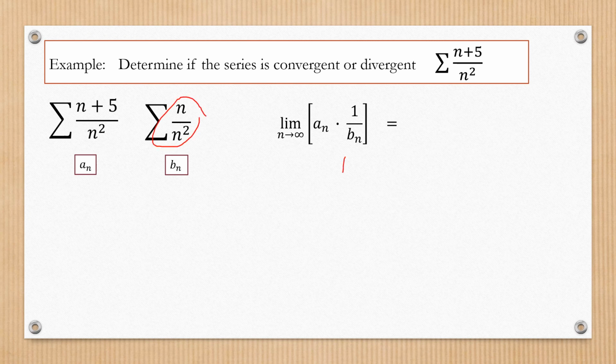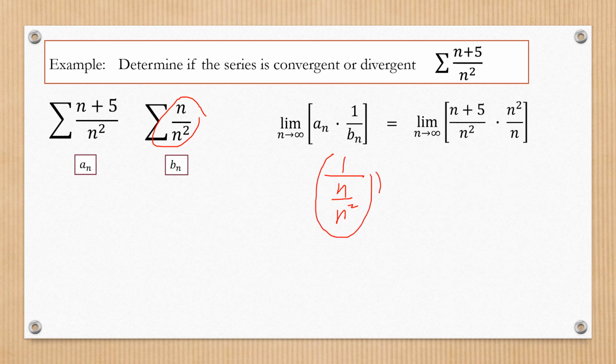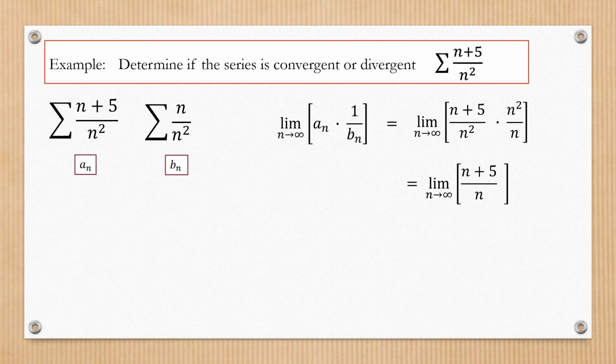For 1 over Bn, that will be equal to 1 over n squared. To simplify it, that will be equal to this one, because we already cancel n squared, and so we have the limit of n plus 5 all over n as n approaches positive infinity.